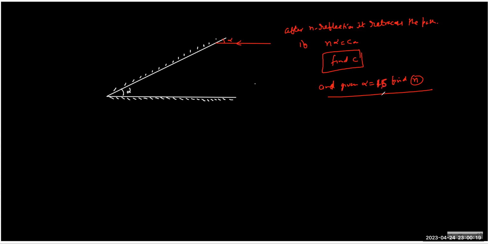What is that? n alpha is equal to c, a constant. So find the constant c actually. Alpha is 50 or 15? 15.